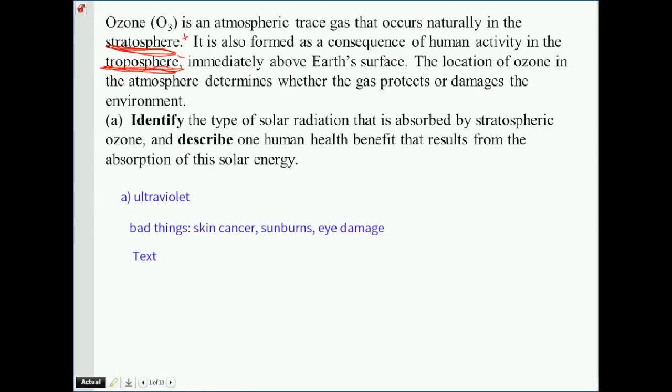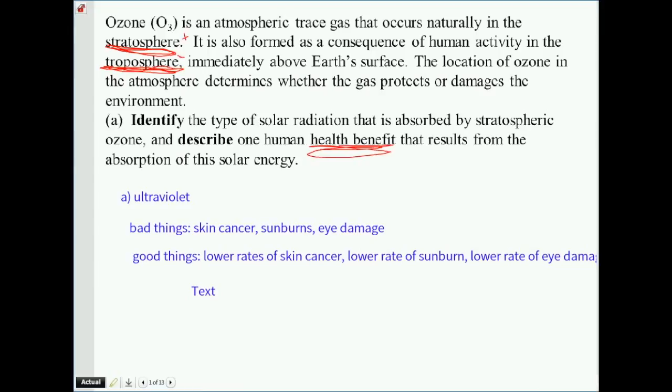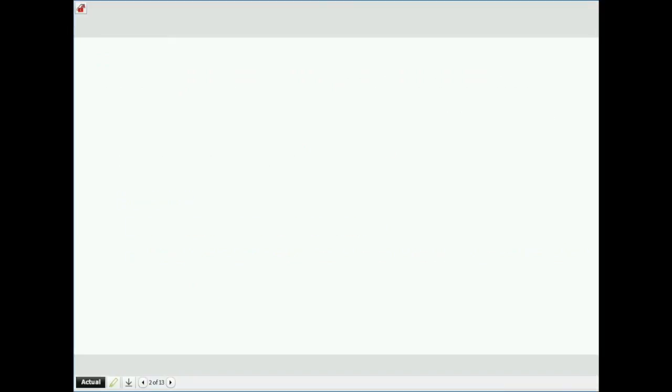Or for eye damage, you could say a lower rate of eye damage. You just take that bad thing and turn it into a good thing, because they want a human health benefit instead of a negative. So that's all you have to do for that part. This part is not too bad. You read this and you're like, oh, I got this, right?